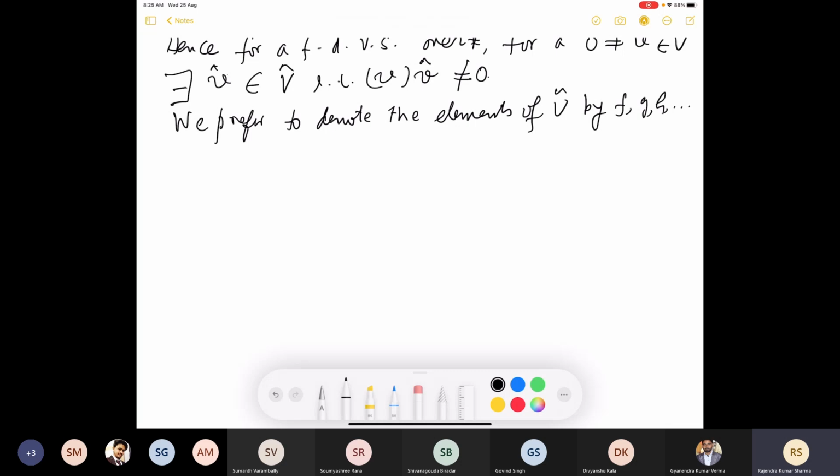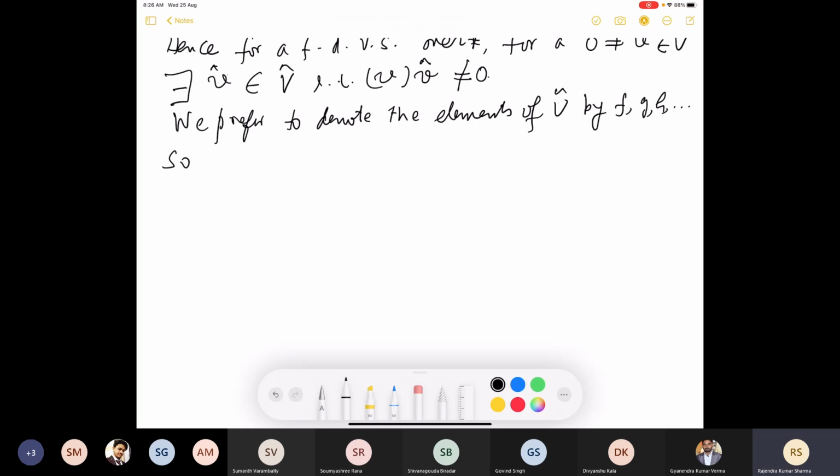But here we have an arbitrary field, and therefore we call them linear functionals. So what is a linear functional? A linear functional is a vector space homomorphism of V into the field F. The elements we shall now prefer to call F, G, H, and so on, instead of V hat, U hat, W hat.